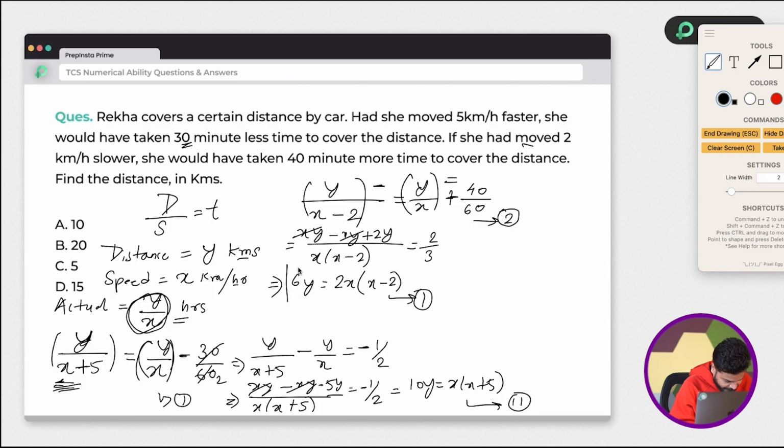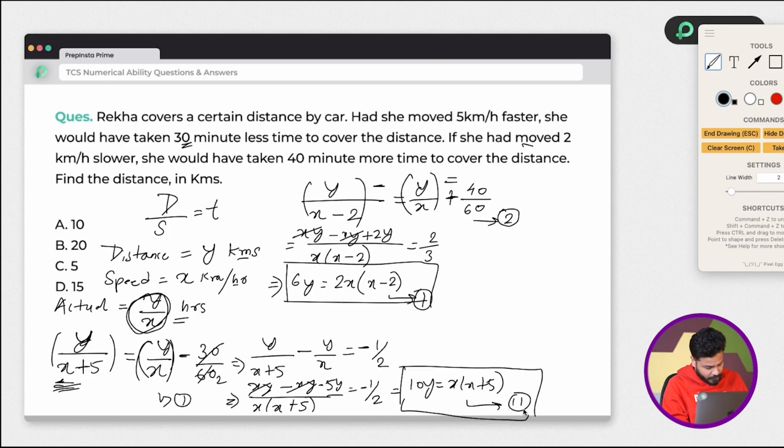Okay, so basically this is our equation and this is our equation, right? Now, how normal people would again try solving this is, they will actually always try to again subtract this two.